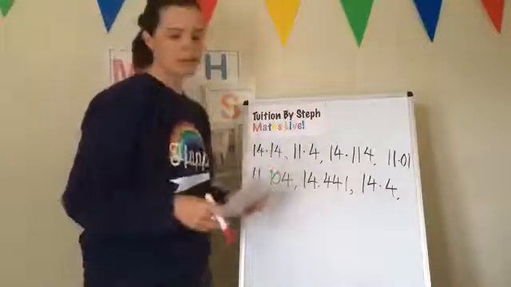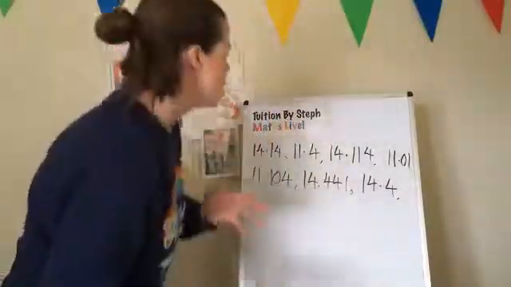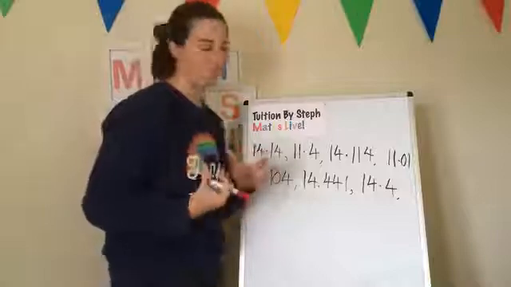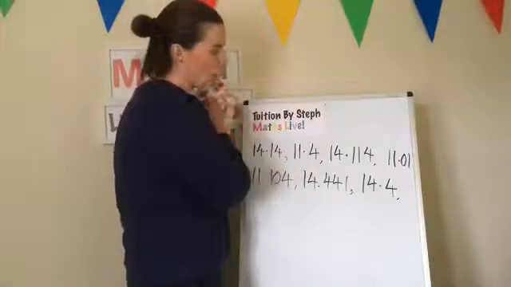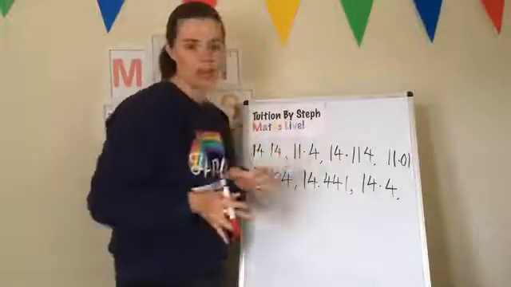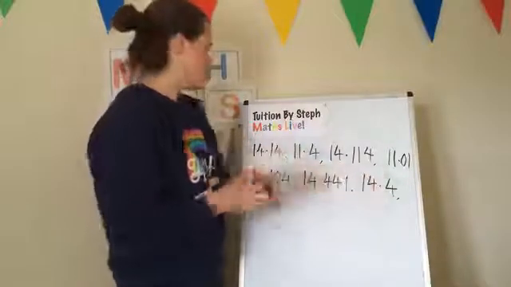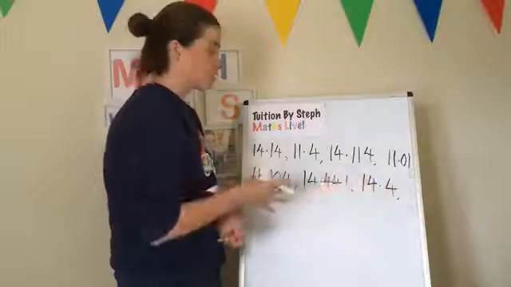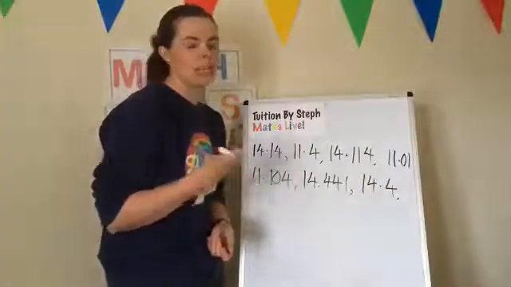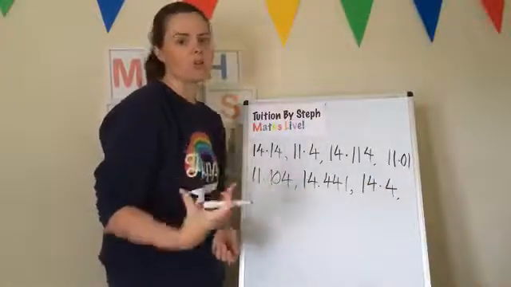I took my time writing those down because I've made this tricky in the sense that they all involve either 1, 4 or 0 as the digits, so you have to be really careful. The only positive is that we know it's either going to be 11 point something or 14 point something.